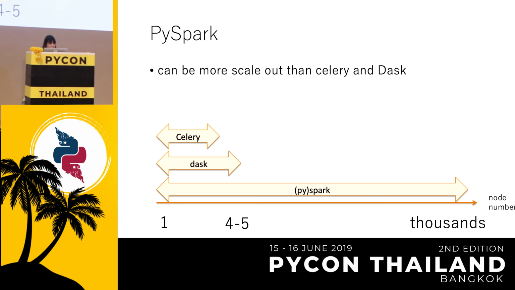This is the scale-out model of PySpark, Dask, and Celery. Celery and Dask are for clusters of 1 to 4 or 5 nodes, but PySpark can scale out to thousands of nodes.